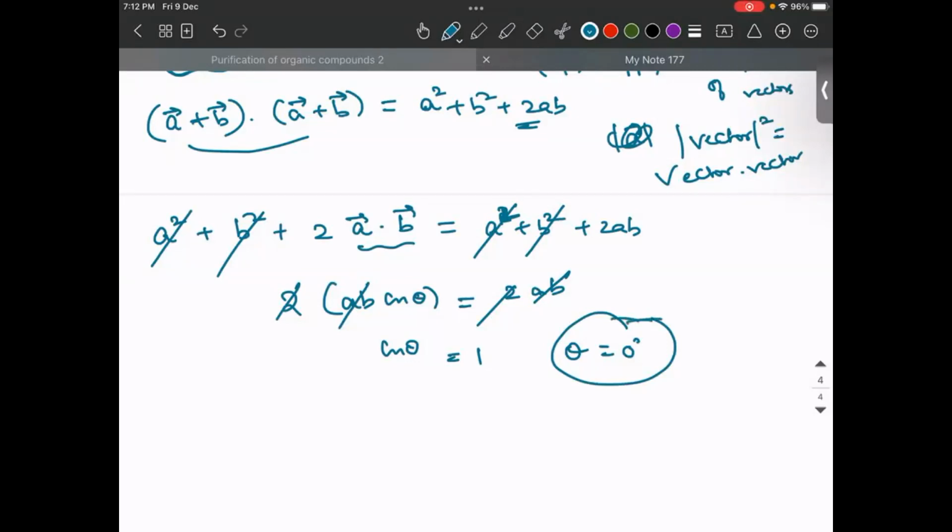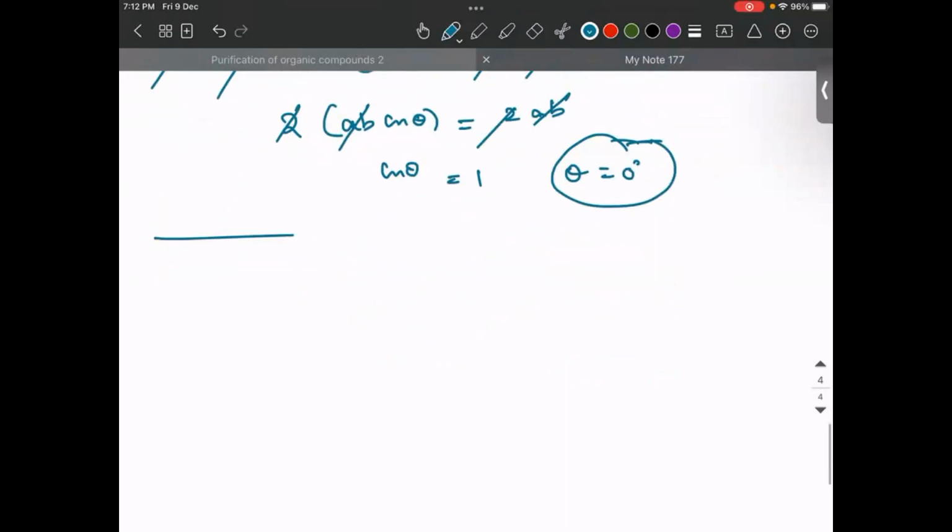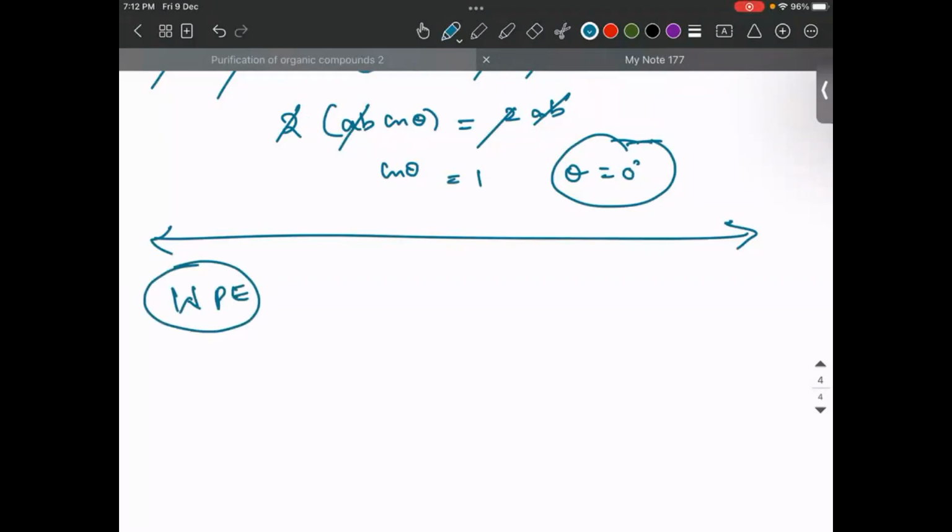Sir, in work power energy chapters, they are telling that force is the negative derivative of potential energy. F is equal to minus du by dx. That is under conservative force. Sir, how are they concluding it?